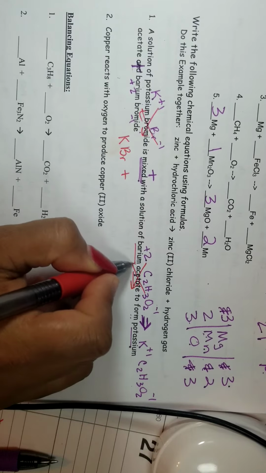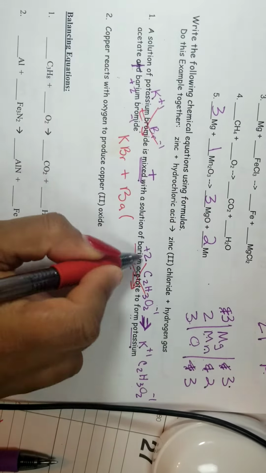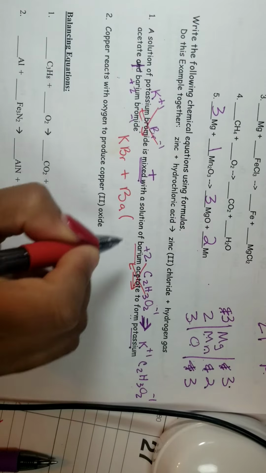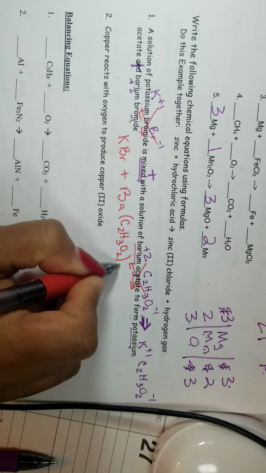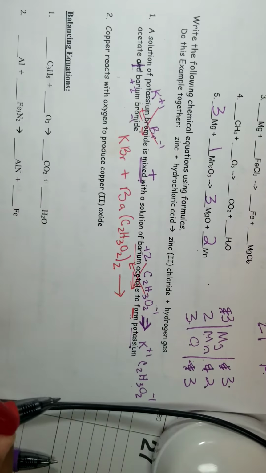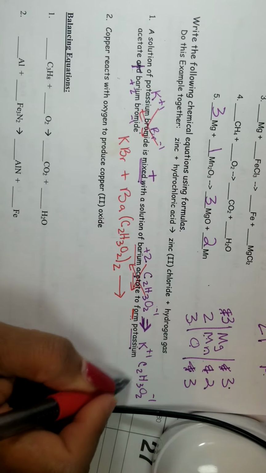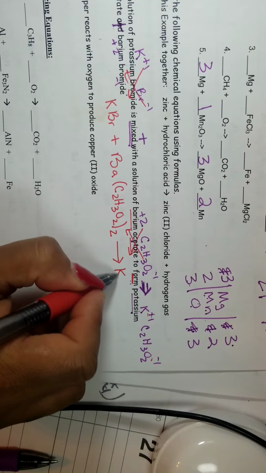Crisscross those numbers. A 1 comes over here. So Ba, this 2 is going to come over, so I need to put parentheses. C2H3O2, parentheses 2, forms, that's going to be my yield sign. Crisscross those 1s, they cancel out. Let's go ahead and write that down.